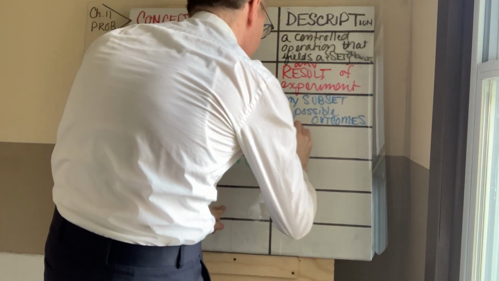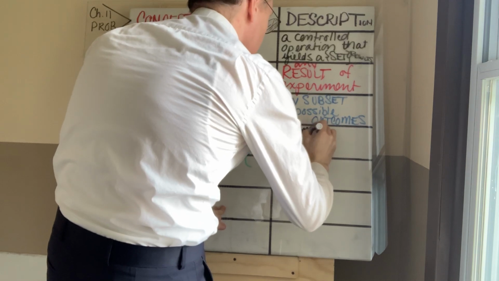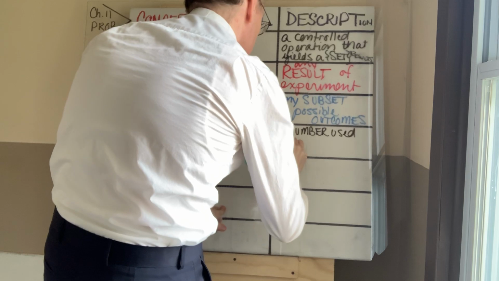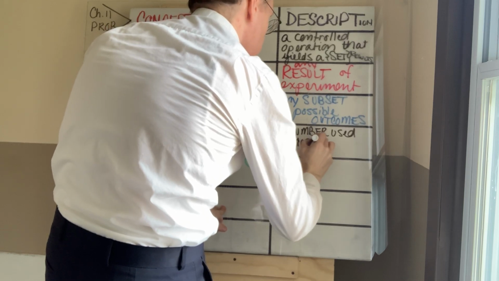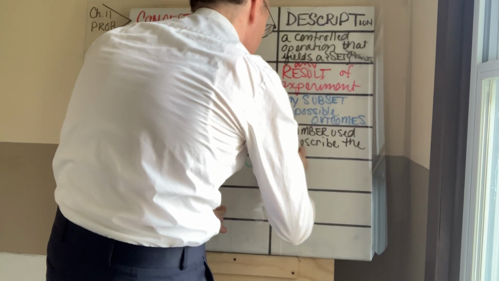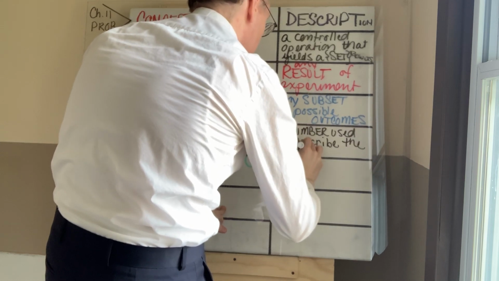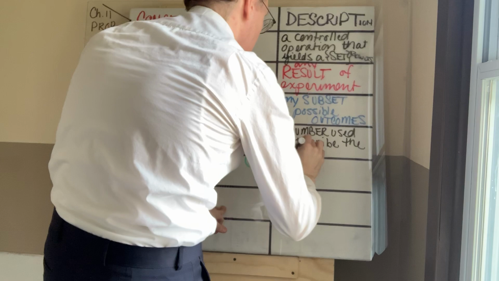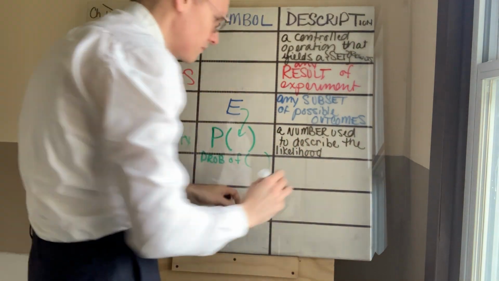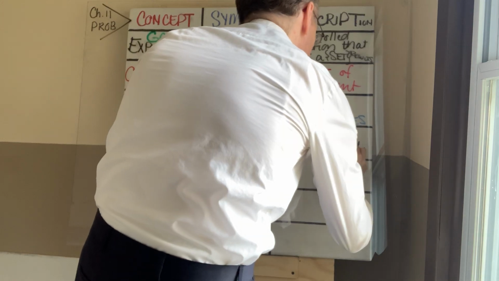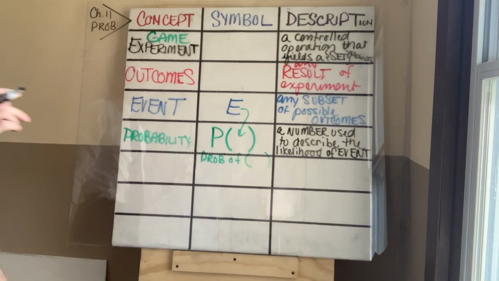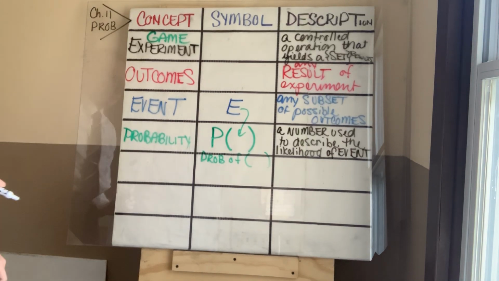A number used to describe the likelihood of an event is a probability.